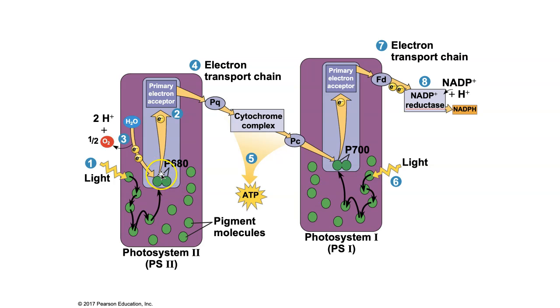That excited electron gets bumped up to the primary electron acceptor, right? And so now our excited electron is hanging out in the primary electron acceptor.